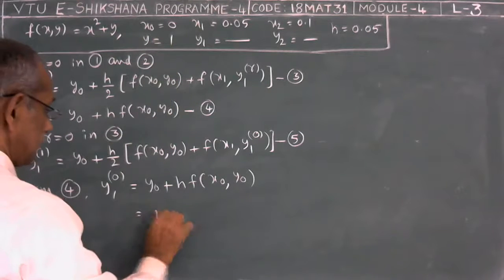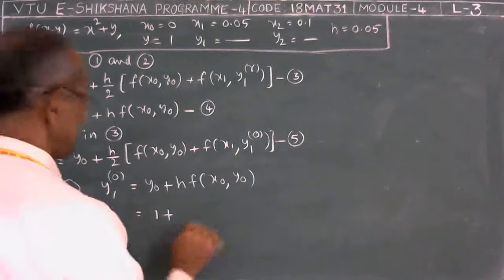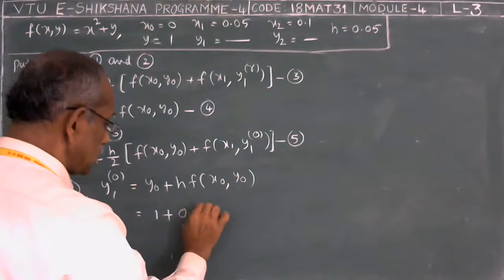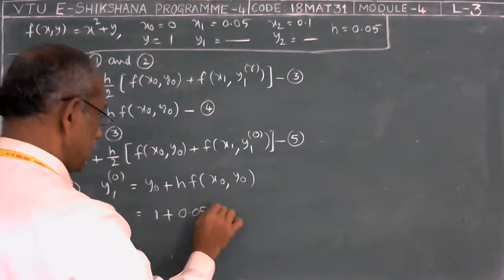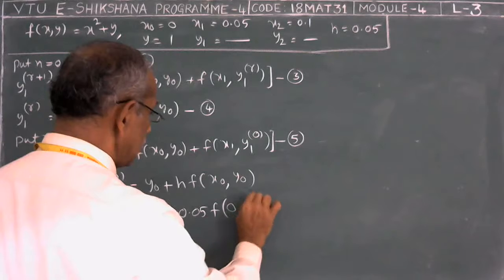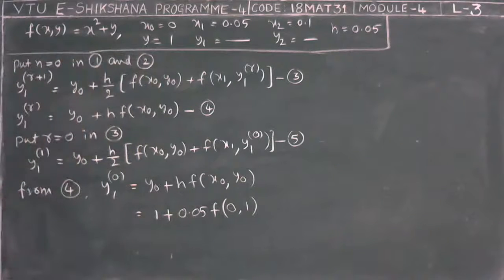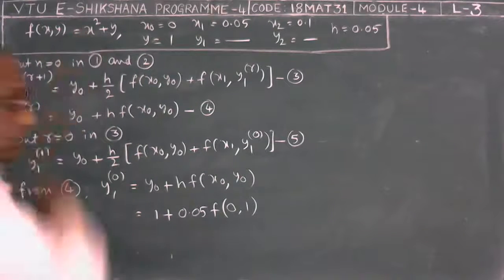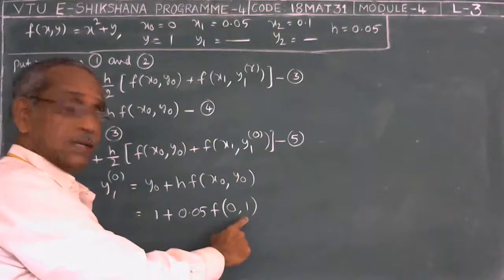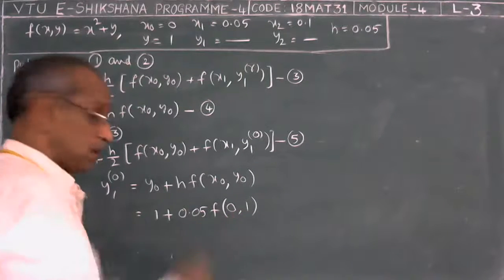Y naught is 1, and h is 0.05, into f of x naught is 0 and y naught is 1. F of x comma y is x square plus y. Therefore, f of 0 comma 1 is 0 square plus 1.